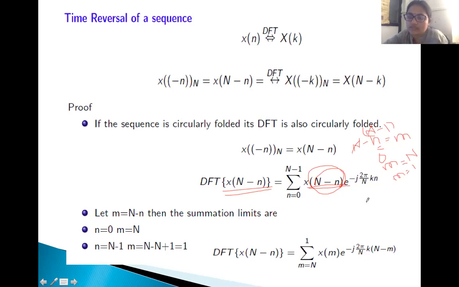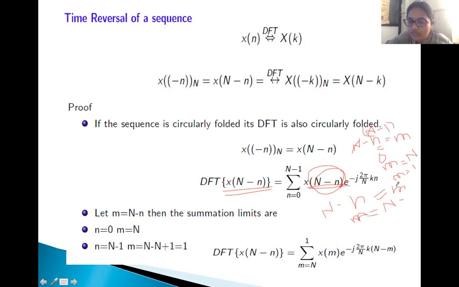Now here again small n is present. We know that N minus n is equal to m. So from this we can easily find out the value of n.